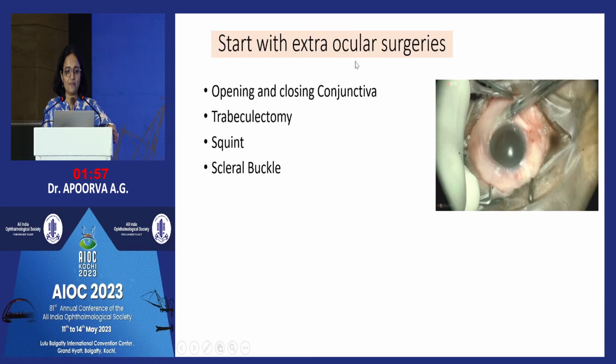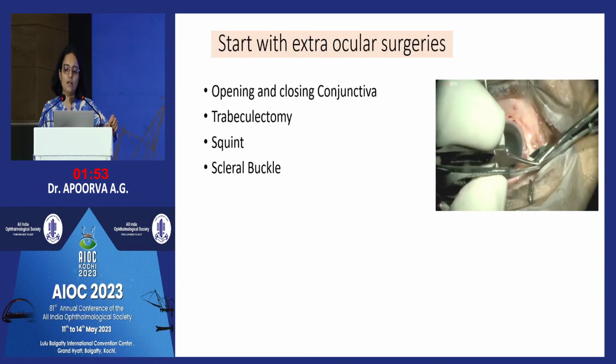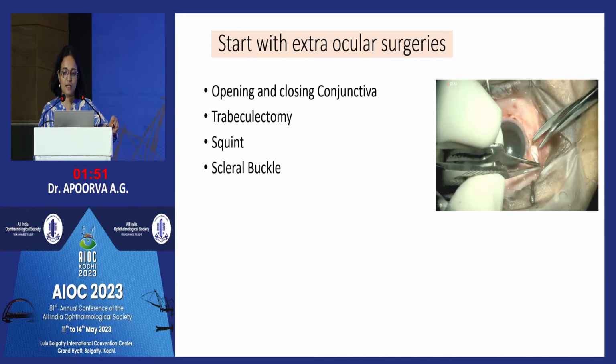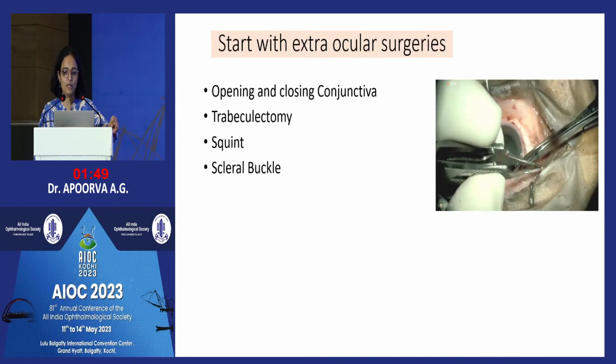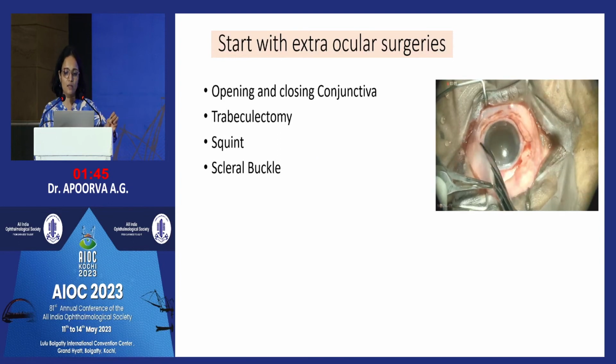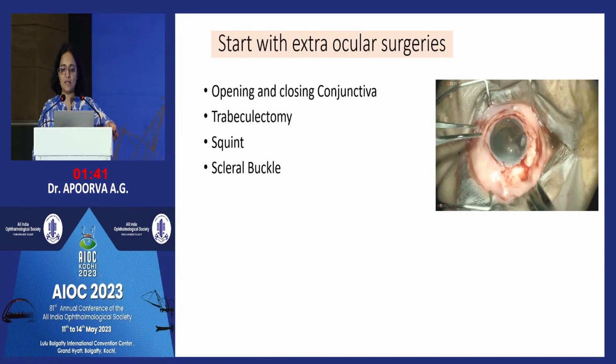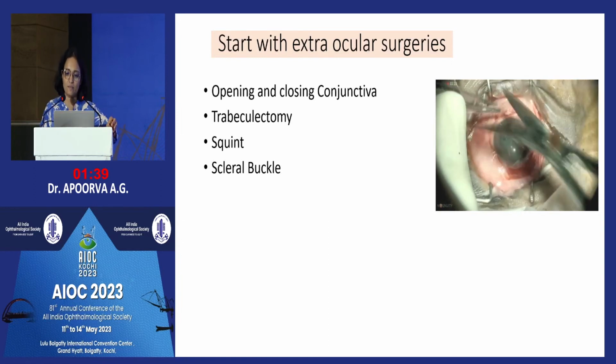So we can start with extraocular surgeries like opening and closing conjunctiva, helping with some steps in a surgery like trabeculectomy, or opening the conjunctiva for squint surgery or a scleral buckle, doing peritomies. These can be the initial steps, which can be done with less magnification.